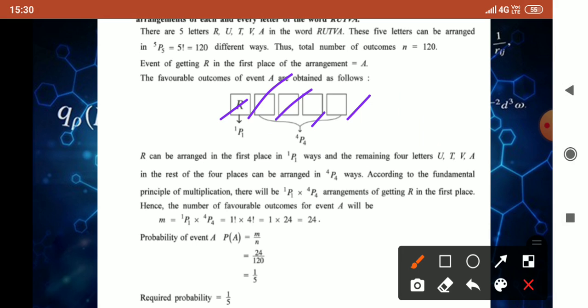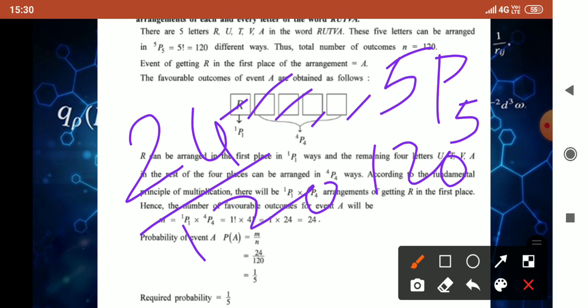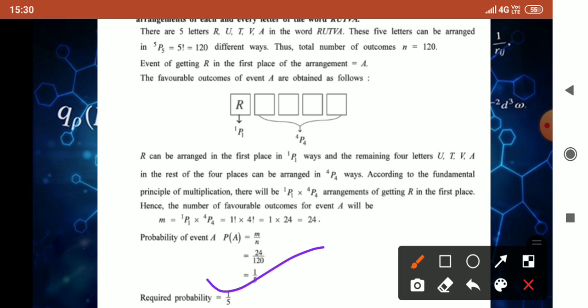So there are 5 letters in the word Rutva. So my n will be 5P5, and my m we have already found, 24. So 5P5 is 120, and my m is 24. So 24 by 120, which is equal to 1 by 5.